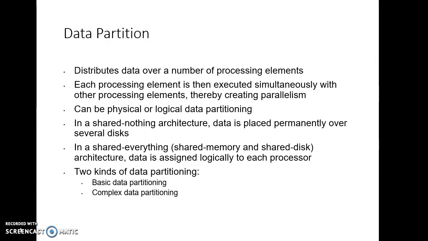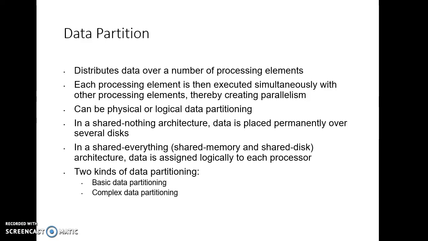So let's go on. What is data partition? Data partition distributes data over a number of processing elements. Each processing element is then executed simultaneously with other processing elements, thereby creating parallelism. It can be a physical or logical data partition. In the shared nothing architecture, data is placed permanently over several disks.